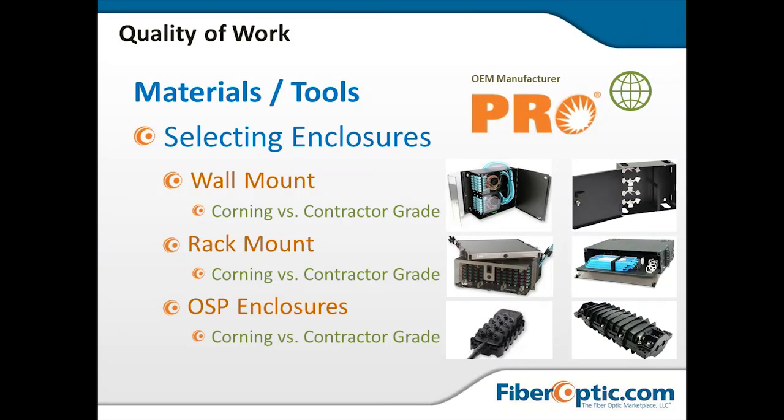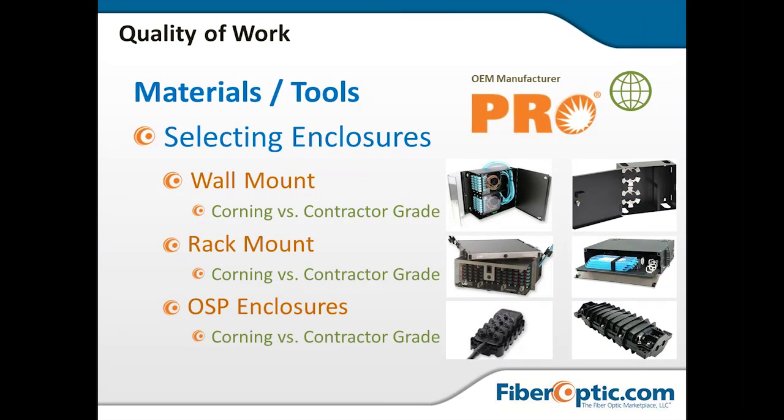As an example here, on the wall mount that we have on our left-hand side there is pretty good cable management inside that. I can buy this from Corning pre-terminated. Actually, you can buy this from fiberoptic.com, pre-terminated. We call it a loaded box. So what we'll do is we'll take the box, we'll dress all the pigtails or the leads into that, so the box is very clean, and cable management is done very professionally.